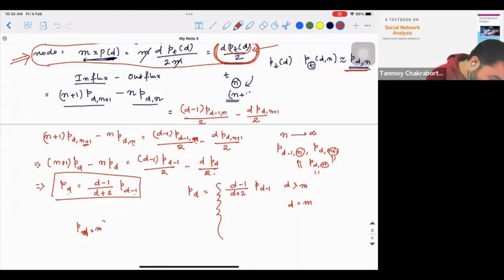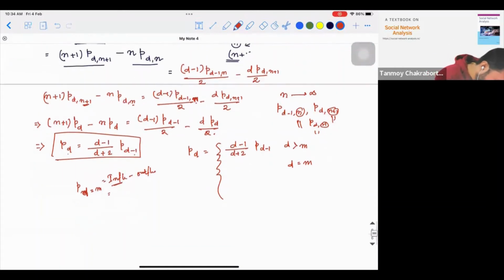So again, this is influx minus outflux, right? Influx minus outflux. So influx would be what? Tell me, what would be the value of influx when d equals m?